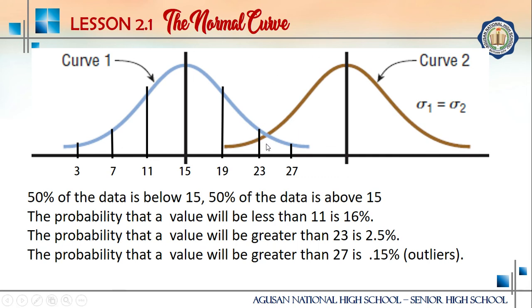The probability that a value will be greater than 23 is 2.5%. And how did we obtain the 2.5%? Notice that here are the 2 standard deviations, right? And it is 95%. Half of 95% is 47.5%.